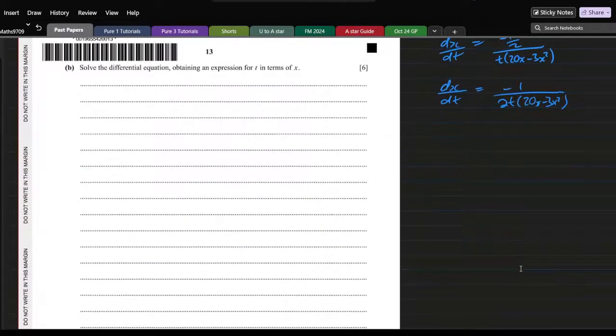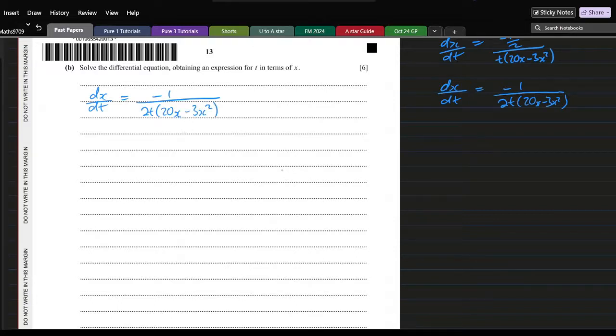Part B, solve the differential equation obtaining an expression for t in terms of x. Alright, so we've got dx dt is equal to negative 1 over 2t times 20x minus 3x squared.